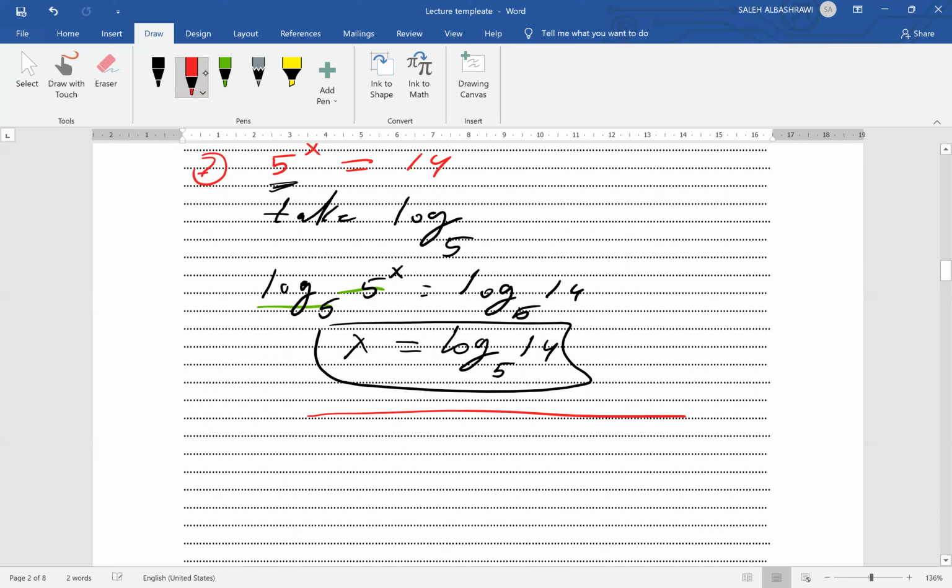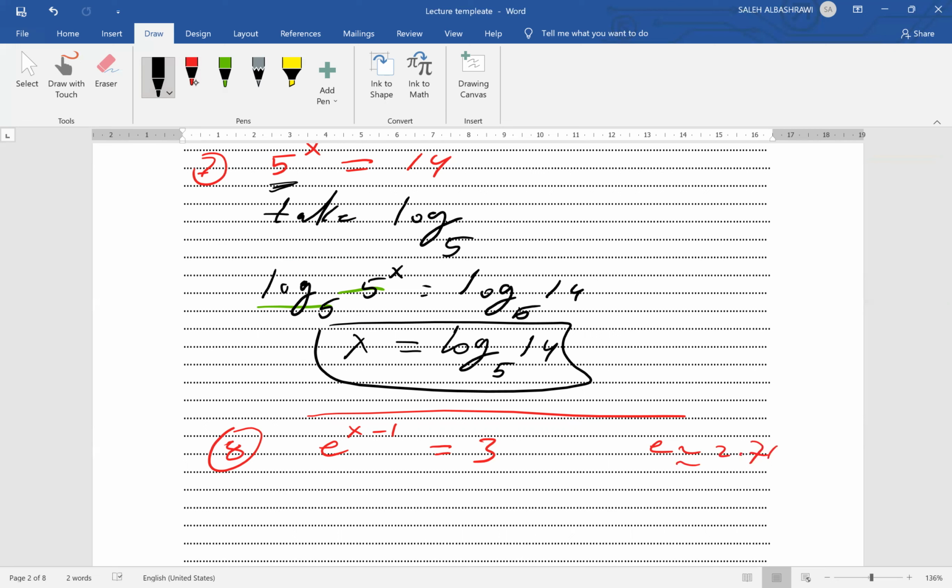Number 8. Suppose that we have e to power x minus 1 equal to 3. E is a constant number approximated by 2.71. Now I need to find the value of the variable x.